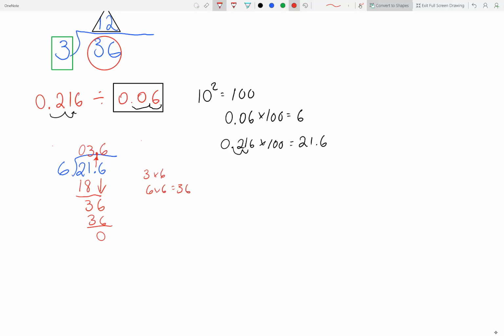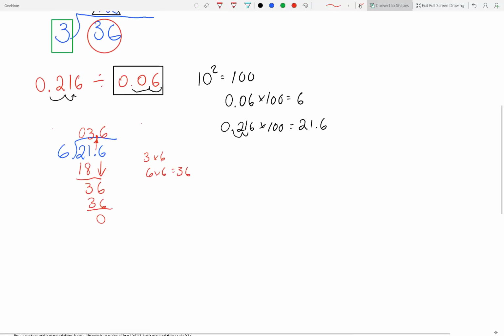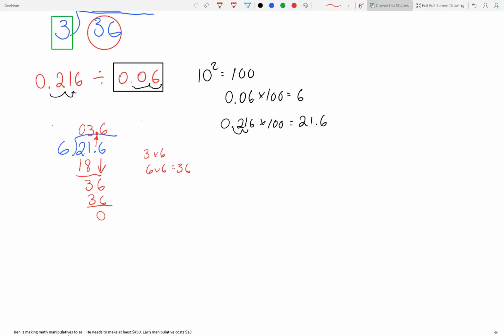Okay, I will do one more long division question with decimals. Another example would be, how about 4.72 divided by 0.8, or 8/10.